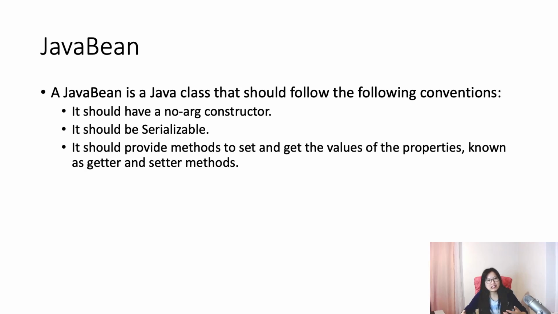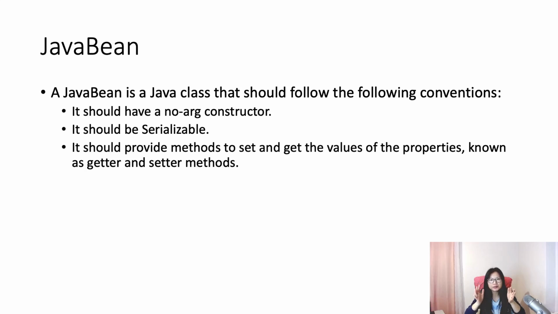Okay, so now a JavaBean is a Java class. You can start with a POJO, just a regular Java class, but it has some specifications you have to follow. The first one is you have to have a no-argument constructor inside the class you defined. Suppose we have a person.